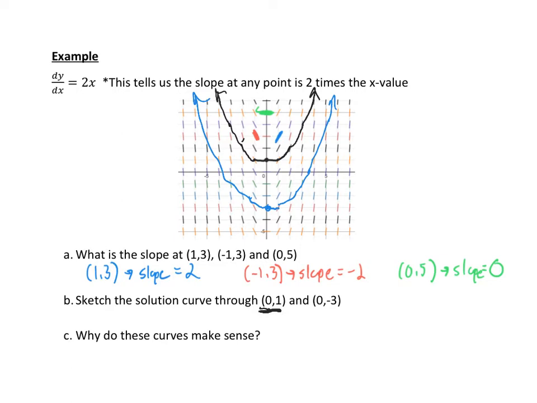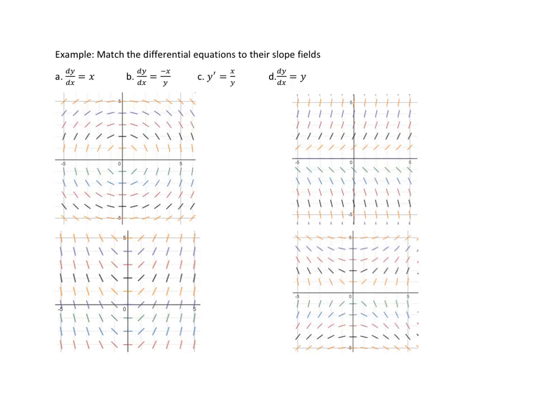Why do you think those curves are parabolas? The reason is they are the curves f(x) equals x squared plus c. If you took the derivative of this, the derivative is 2x, and that matches our graph.